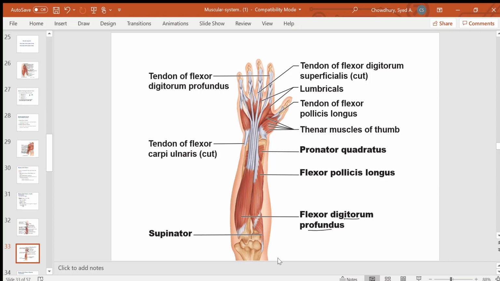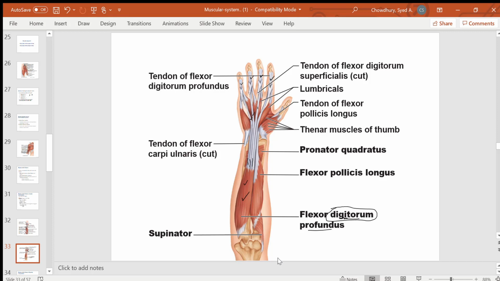You remember I said digitorum, that means the end of the muscle will go to the digits. So let's see flexor digitorum profundus. This one, you see the end forms tendons, and those tendons are going to the digits. So if I ask you which muscle is this, of course flexor digitorum.